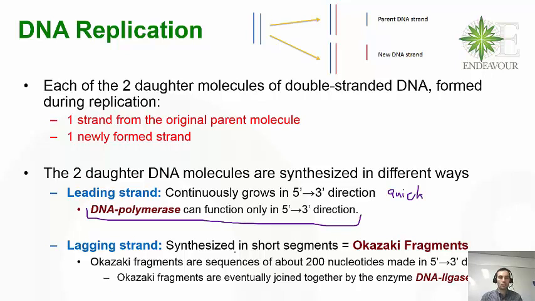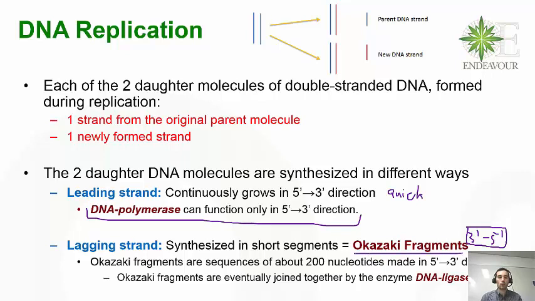Whereas the lagging strand actually runs in the opposite direction, 3' to 5'. So that means when we're trying to make a template, we can't grow continuously. Because DNA polymerase only works in the 5' to 3' direction, we can't make a fragment continuously from our 3' to 5' lagging strand.